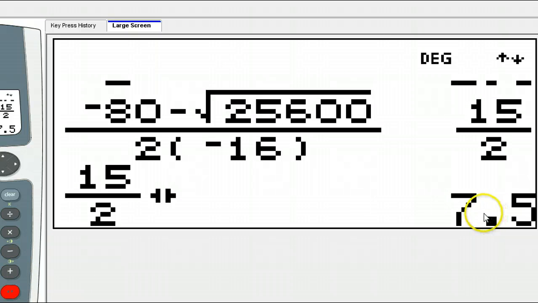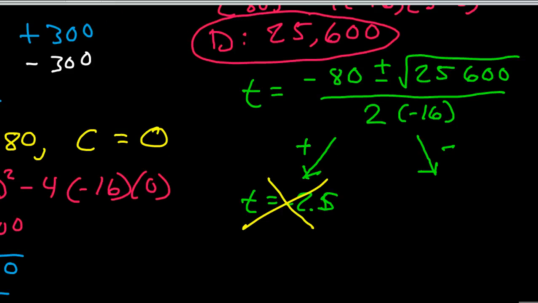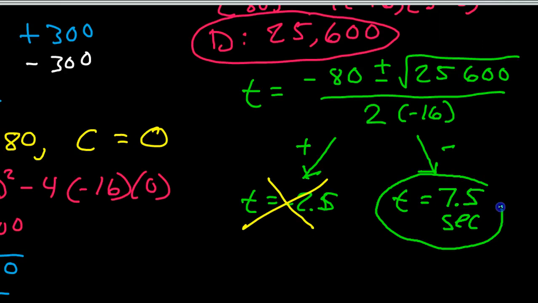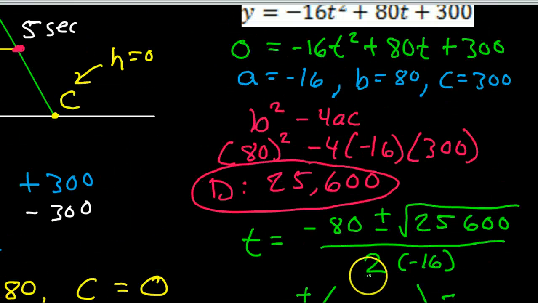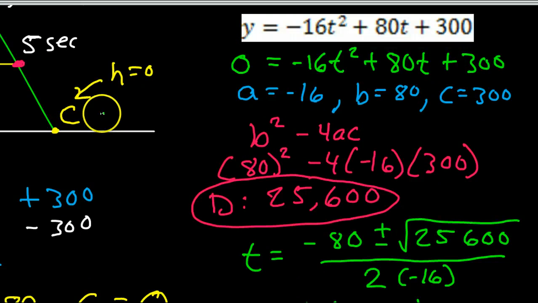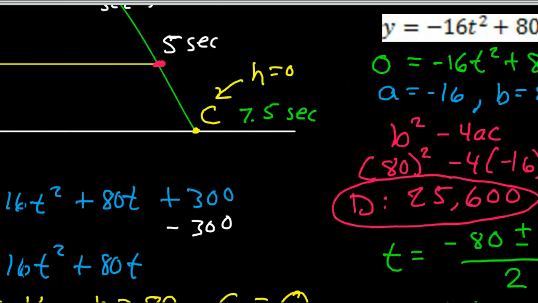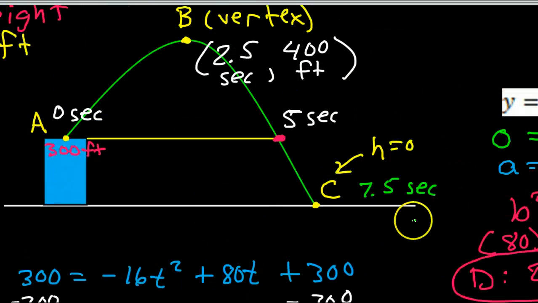That's 7.5 seconds, because remember we're talking about time. So 7.5 seconds, that's when the height was 0. That's when the ball or the object hits the ground.